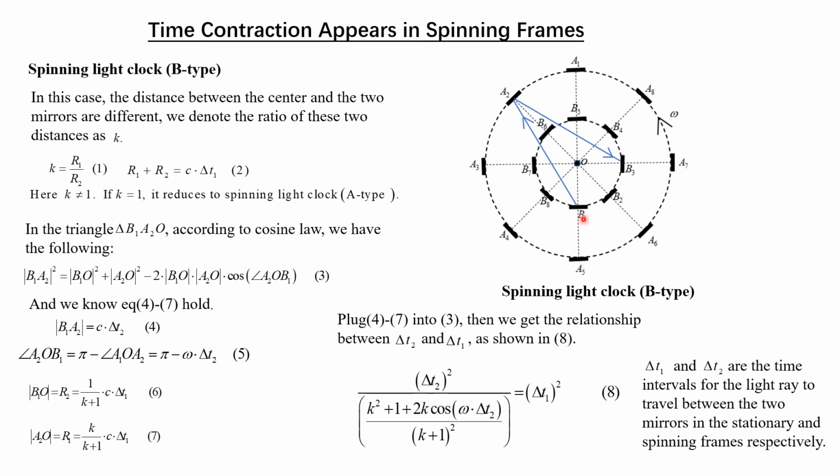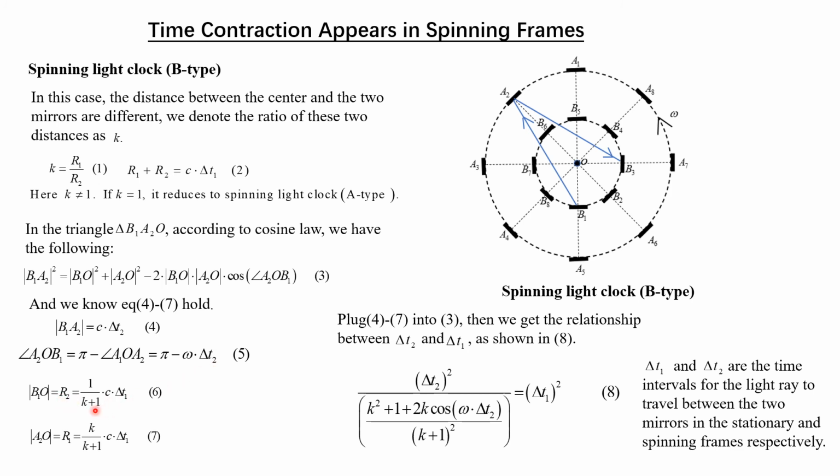You can see here the photon traveled from B1 to A2 in the spinning frame. So B1A2 is equal to c times delta T2. And this angle A2OB1 is equal to pi minus A1OA2, and this angle A1OA2 is equal to omega times delta T2. Delta T2 is the time interval in the spinning frame for the photon to travel from one mirror to the other mirror.